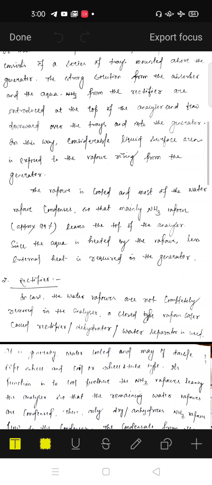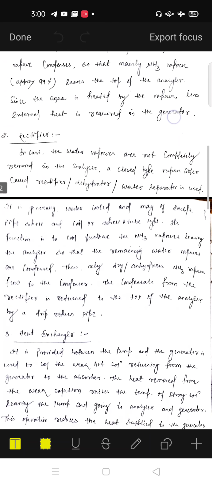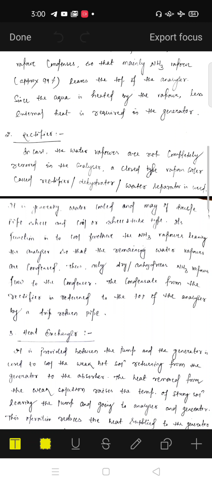Clear? Next, see the function of the rectifier. Suppose water vapors are not completely removed in the analyzer, so a rectifier will be helpful here. A closed type vapor cooler called a rectifier, dehydrator or water separator is used.